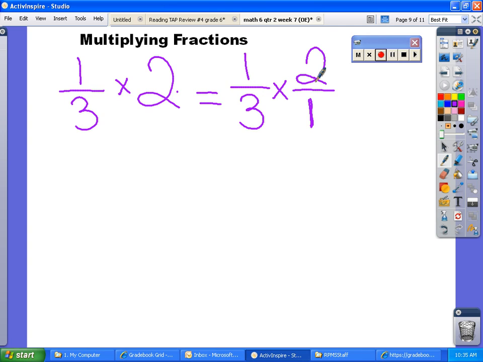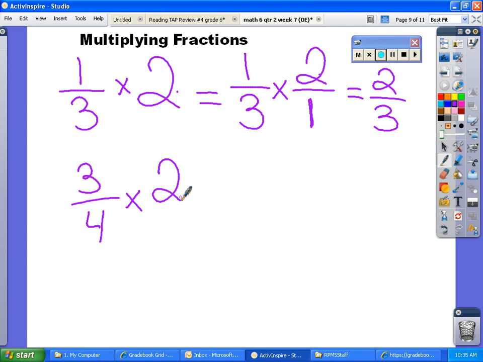And then we just go ahead and we multiply. 1 times 2 is 2. 3 times 1 is 3. Let's do another one. 3/4 times, let's say, 2. I'm going to do 3/4 times 2/1.